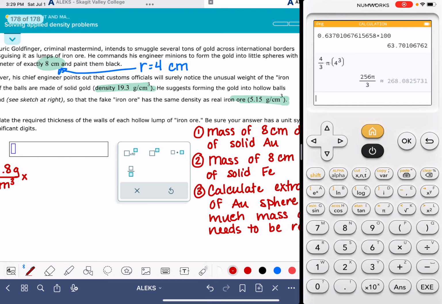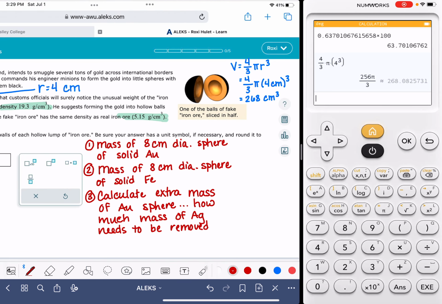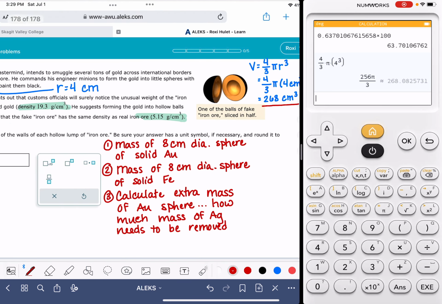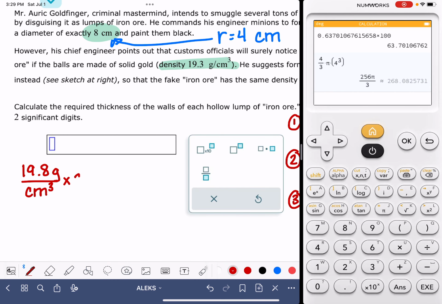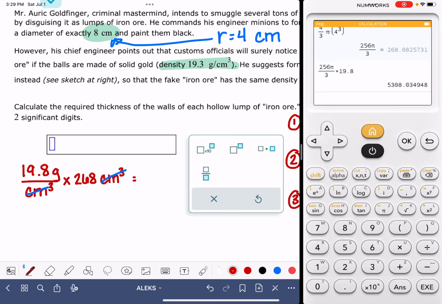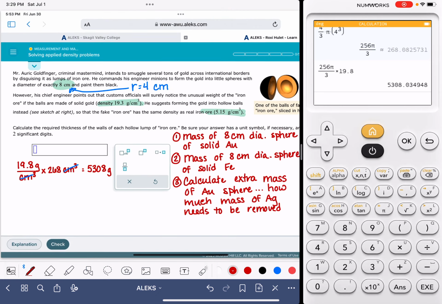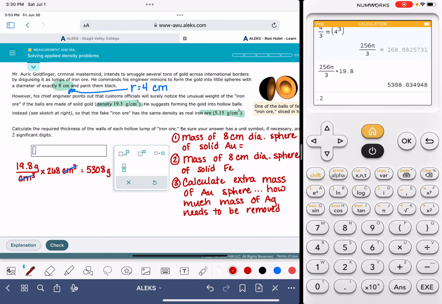We determined that this sphere had a volume of 268 cubic centimeters, if it is not hollow. Take a look at how those cubic centimeter units are going to cancel out, and this is going to leave us with just mass in terms of grams. We're going to take 19.8 and multiply it by 268, and that gives us a mass of 5,308 grams. So that's how much the sphere would weigh if it was solid gold.